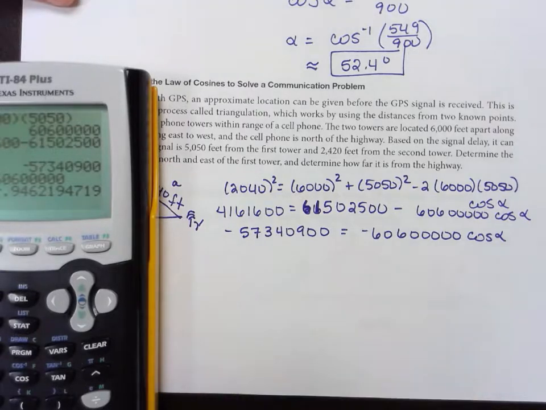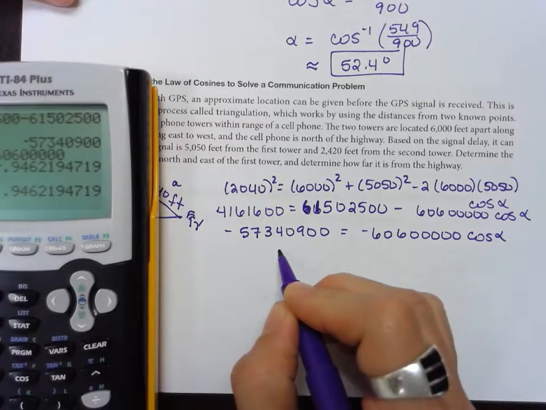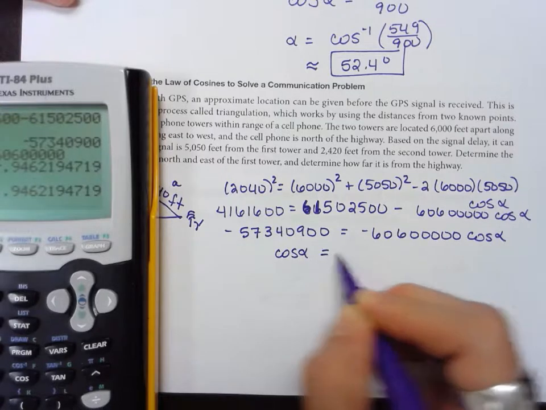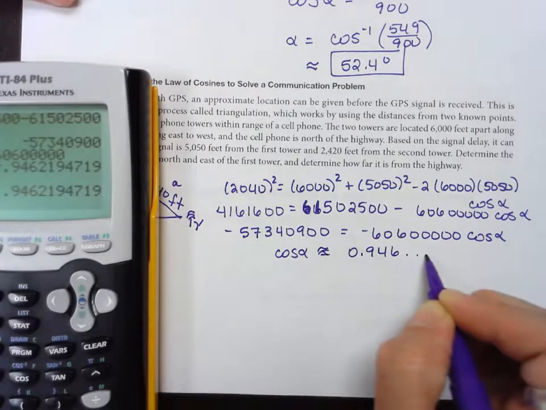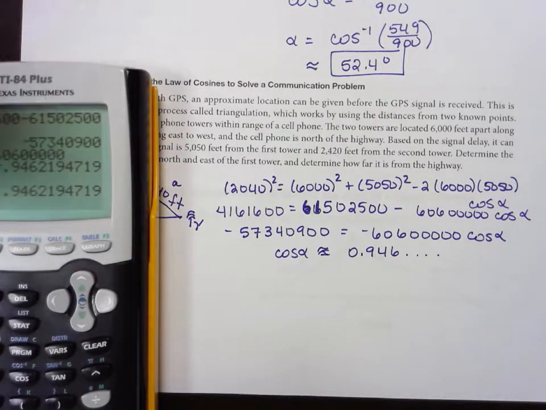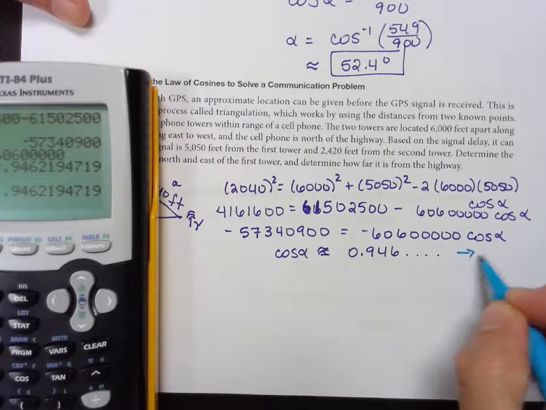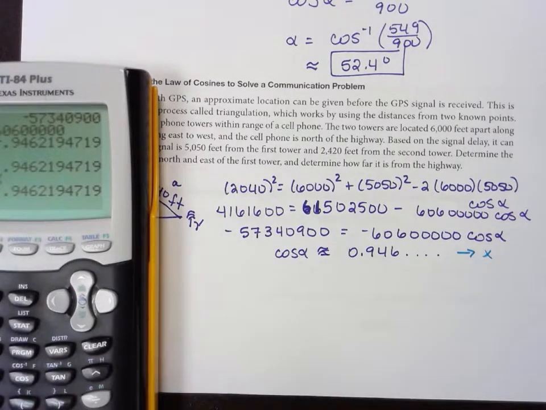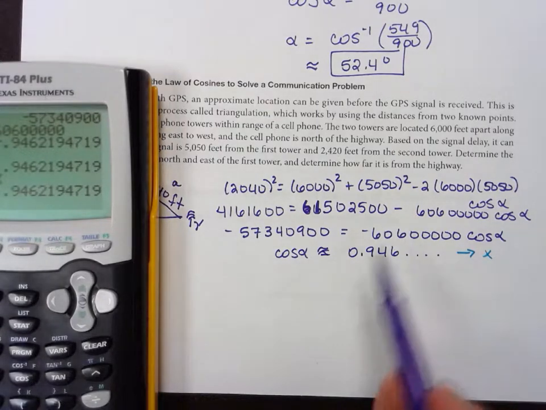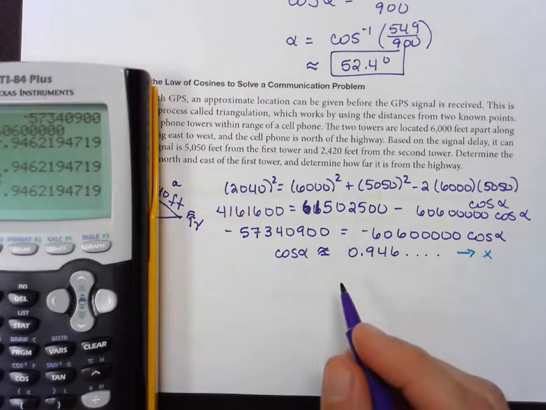So cosine of alpha is equal to approximately 0.946 and a whole bunch of numbers. I am going to take that and store it in x for now, that way I don't lose it. So I've stored cosine alpha in that. So how do we find alpha then?